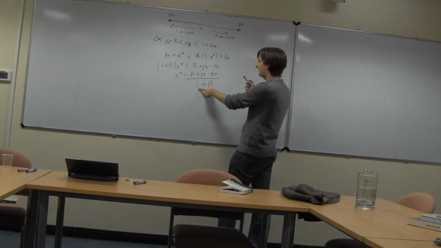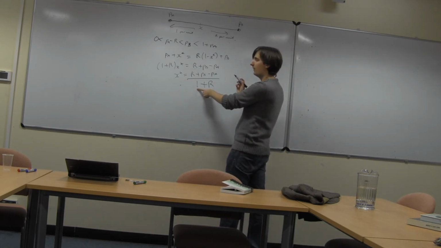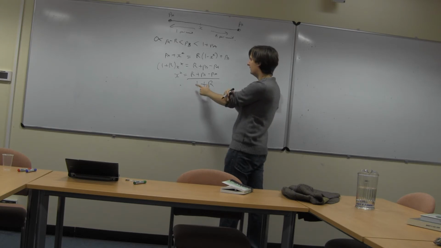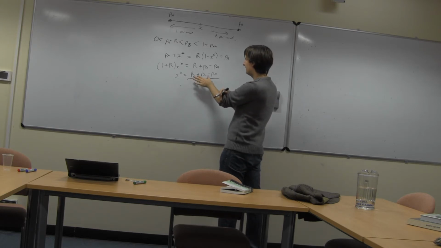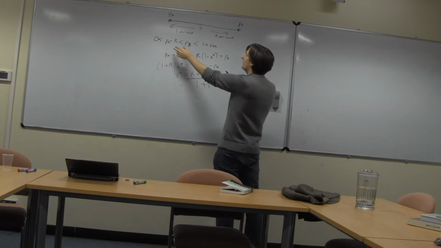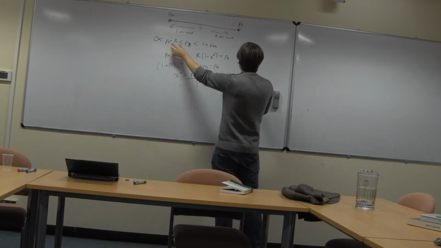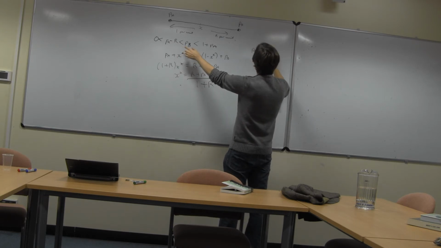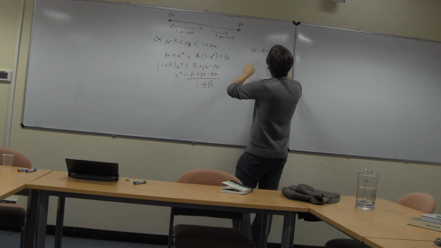So let's just check this makes sense. This thing is certainly positive, 1 plus R. This thing is positive if this thing is bigger than that thing. Oh look, PA minus R. We know that PA minus R is less than PB.